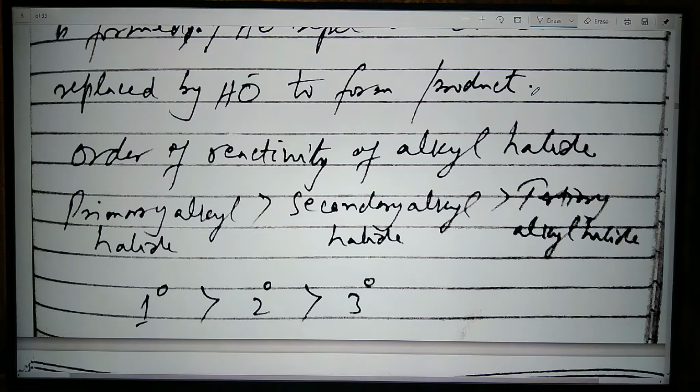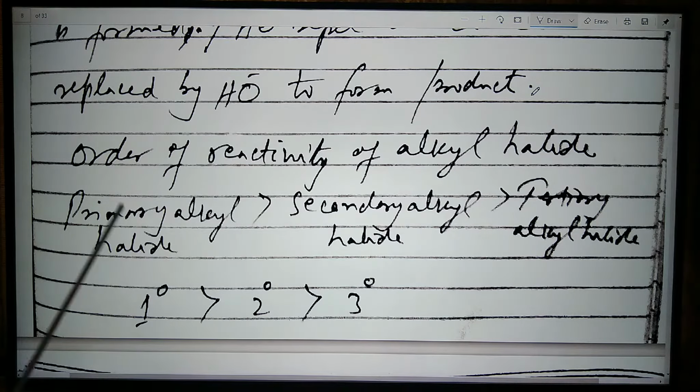But in this case, the reactivity of the alkyl halide is opposite to the SN1. In this case, the primary alkyl halide is more reactive than the secondary alkyl halide and then the tertiary. You know the tertiary is represented by 3 degree, secondary by 2 degree, and this is 1 degree.